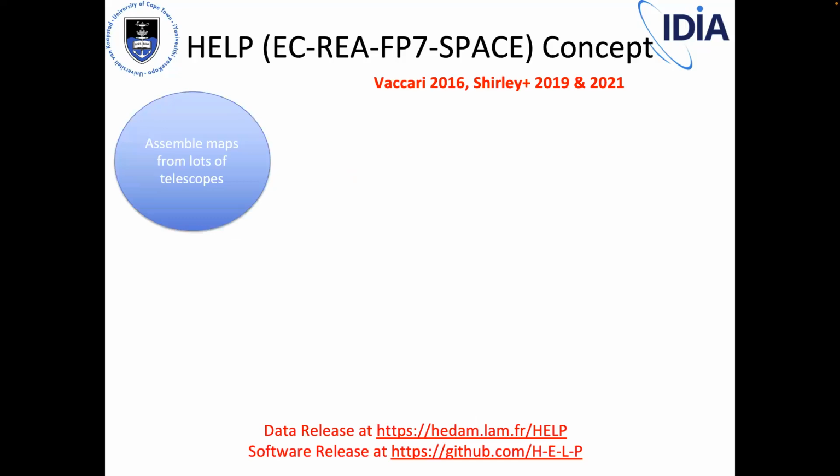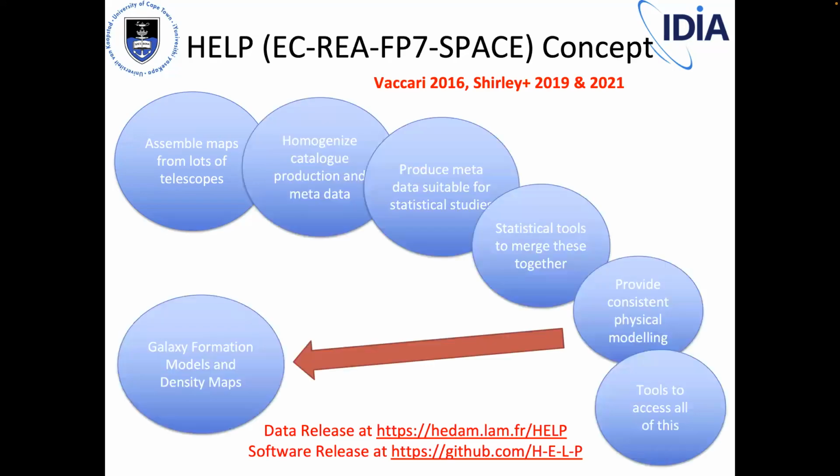So as part of these challenges to be solved for Herschel, we worked on this European South African project called HELP, for Herschel Extragalactic Legacy Project, and we took care of all of these steps. I will quickly go to the end.